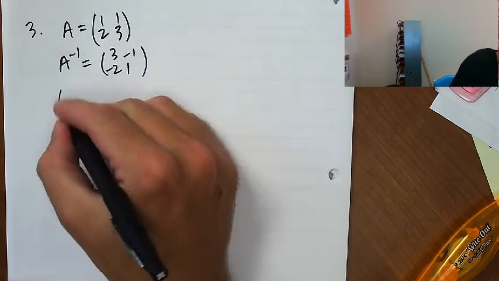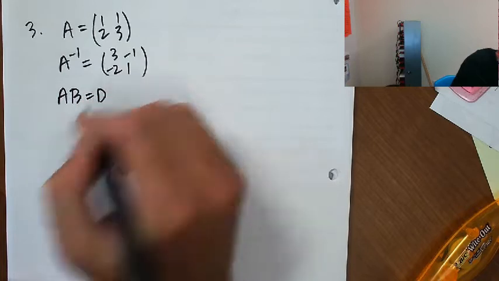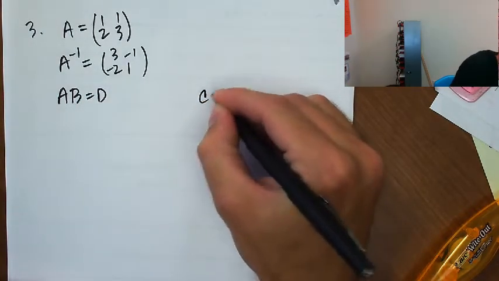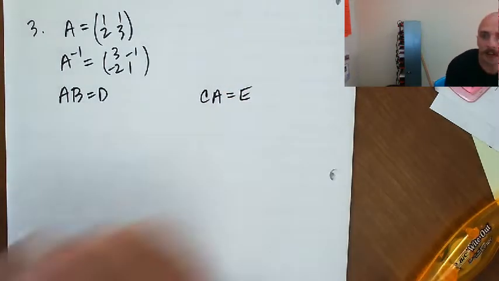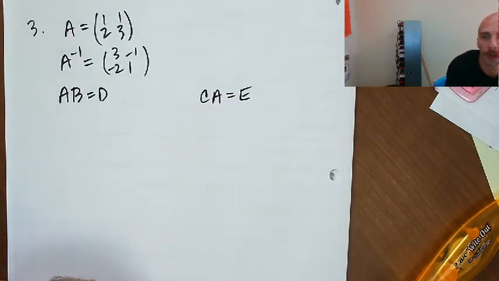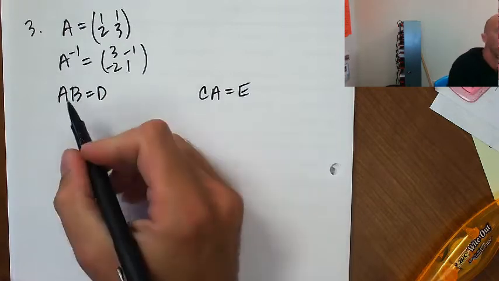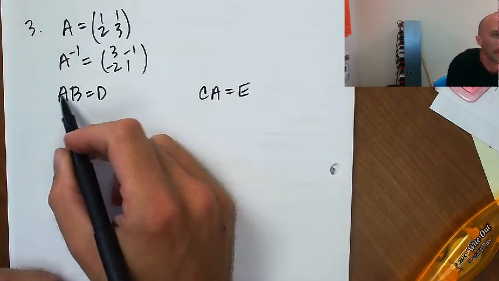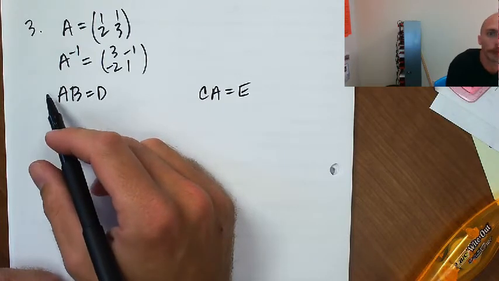We want to solve AB equals D and CA equals E. And they've given us D and E, and so you just want to find matrices B and C. Right, so if I want to find B, I need to get rid of this A. So in order to get rid of this A, I need to hit it with A inverse.